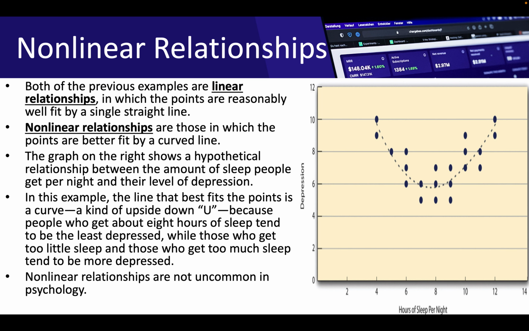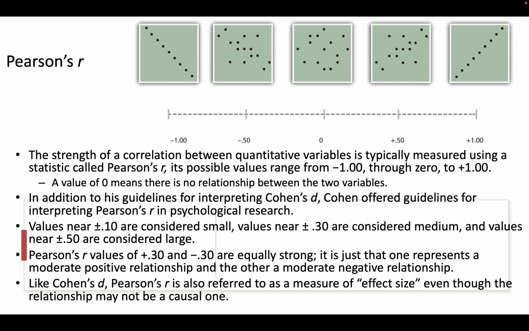In this example, the line that best fits the points is a curve, a kind of upside down U, because people who get about 8 hours of sleep tend to be the least depressed, while those who get too little sleep and those who get too much sleep tend to be more depressed. Linear relationships are not uncommon in psychology.